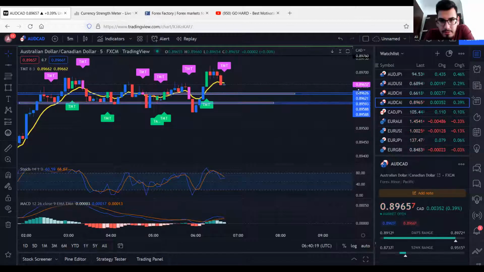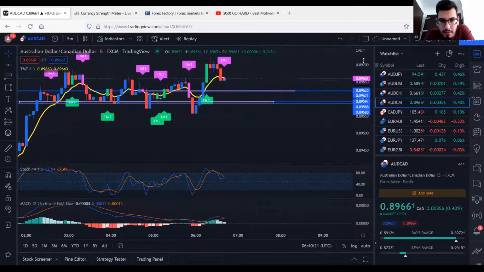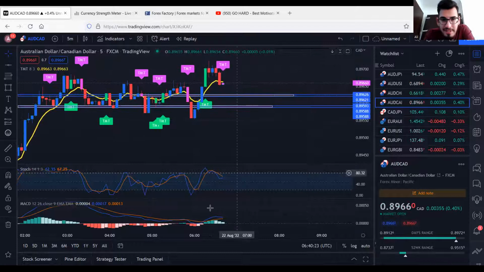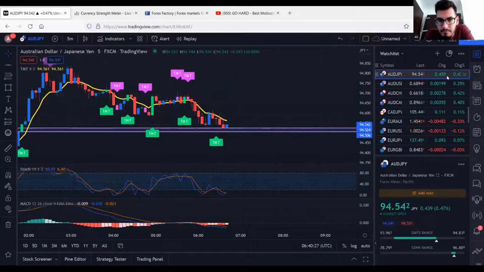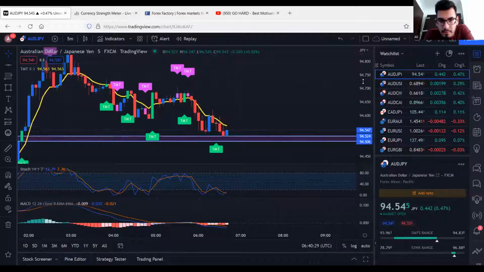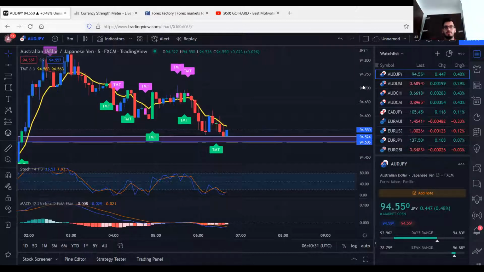AUD CAD, as I said, is still far away. Not even near the oversold. AUD JPY, there is a good clearance so far.